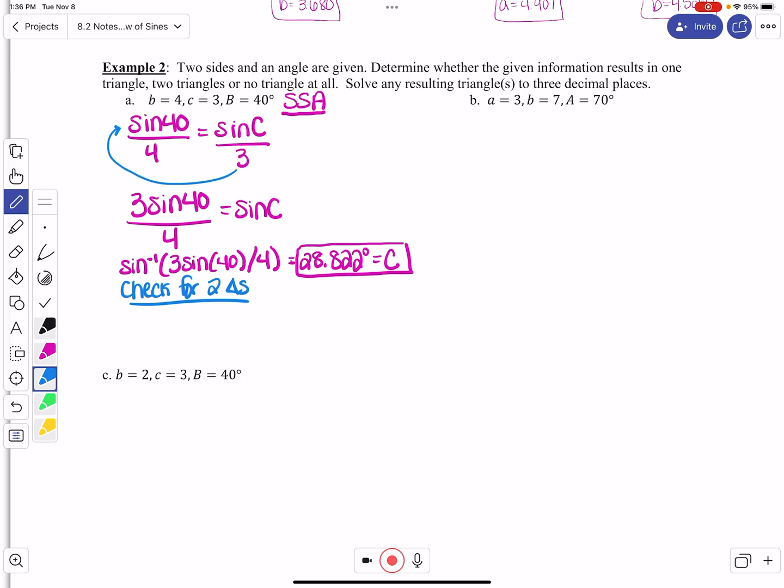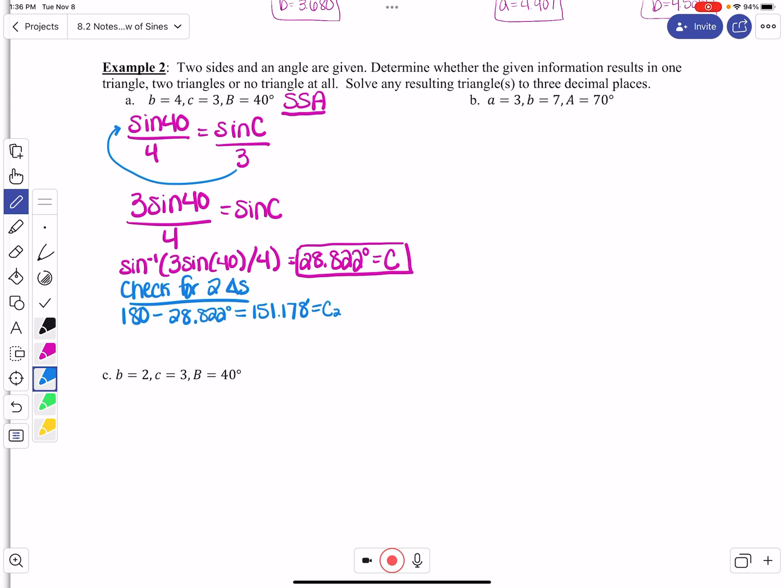So to check for 2 triangles, I'm going to do 180 minus 28.822. And when I do that, I get 151.178. Now, if I get 2 triangles, that is going to be my second C. And I would go back and label this C1.